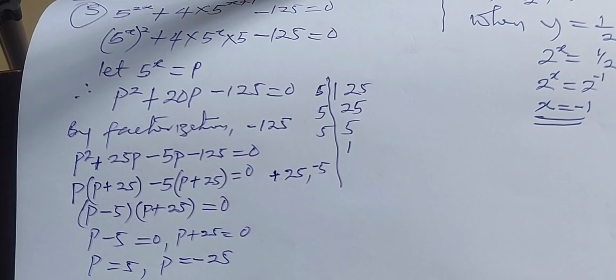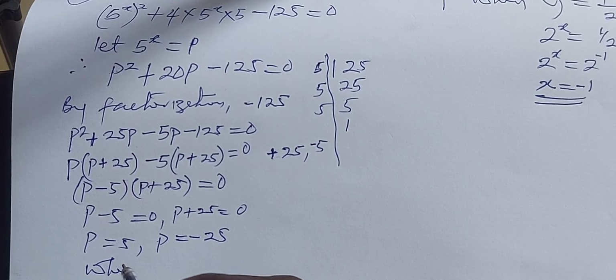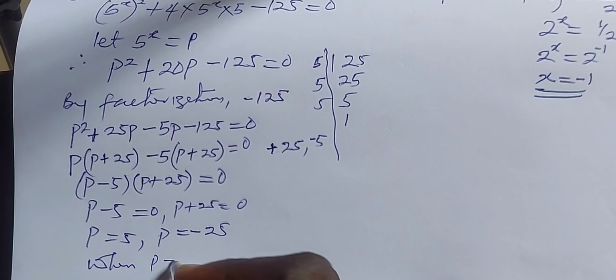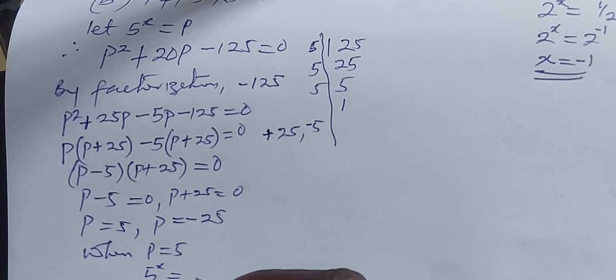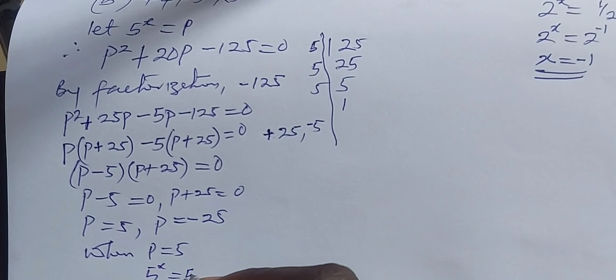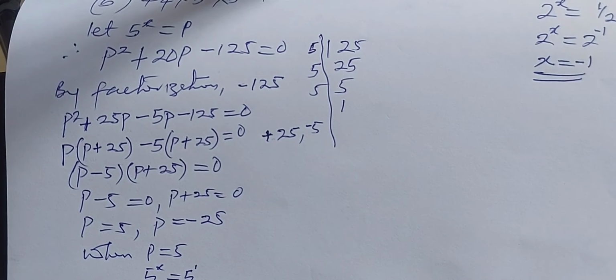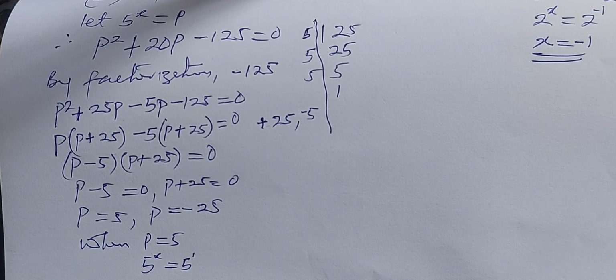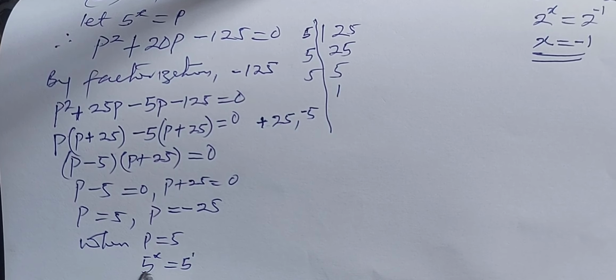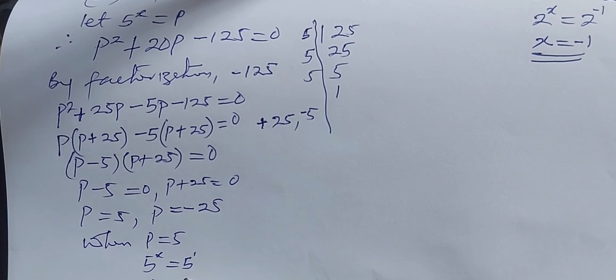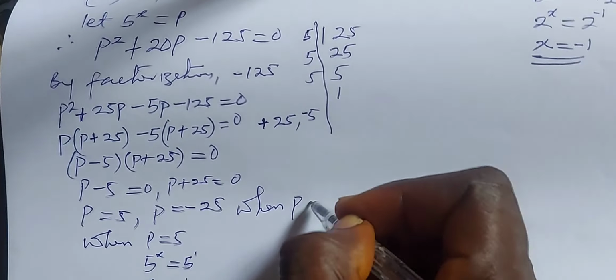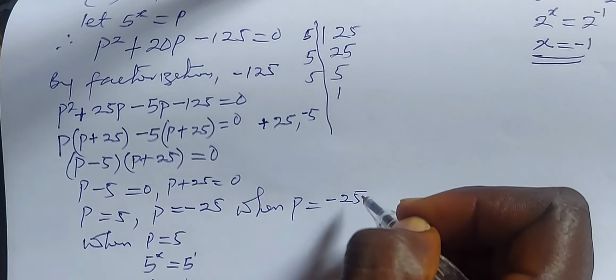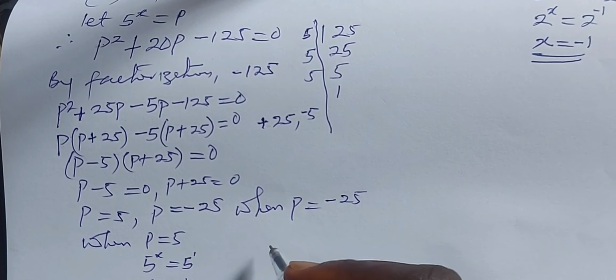When p equals 5, 5 raised to the power of x equals 5. This 5 can be written as 5 raised to the power of 1. Therefore, base equals base, so we equate the powers, and x equals 1. When p equals minus 25, what is the value of x?